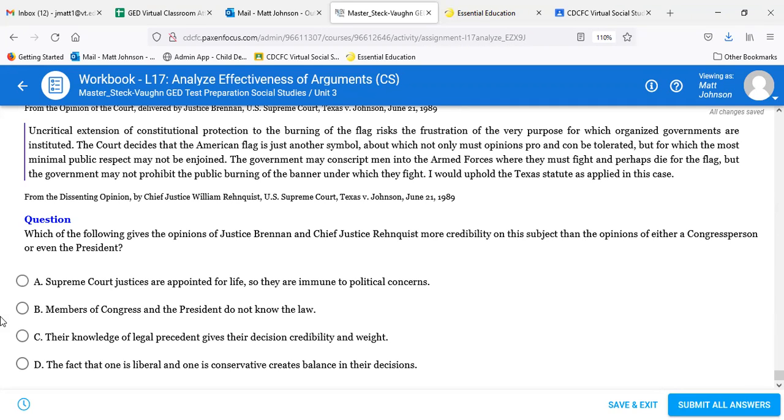A, Supreme Court justices are appointed for life, so they are immune to political concern.